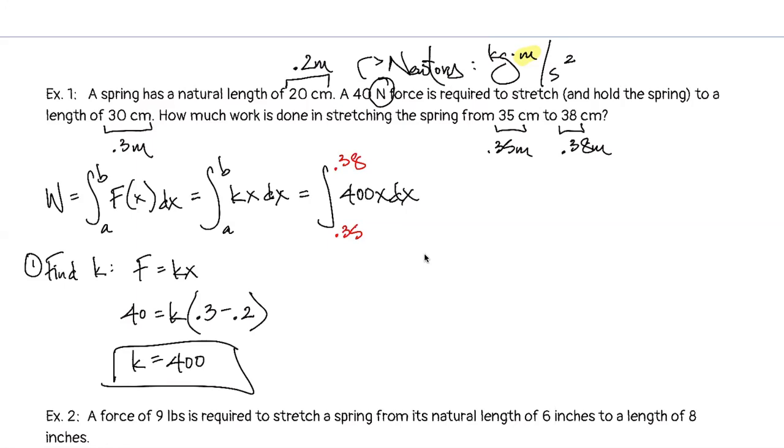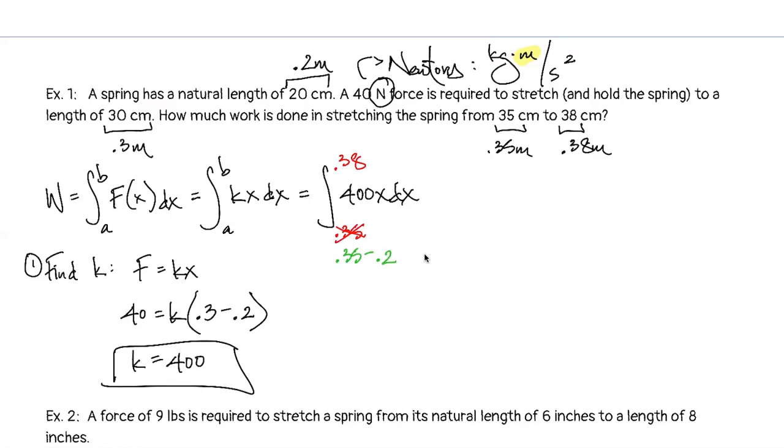So instead of putting 0.35, we're going to modify that, and we're going to put 0.35 minus 0.2. I'm writing that instead of 0.15 because I know you guys know that's 0.15, but when you come back to do your quiz or you're studying, I want you to remember where those numbers came from.